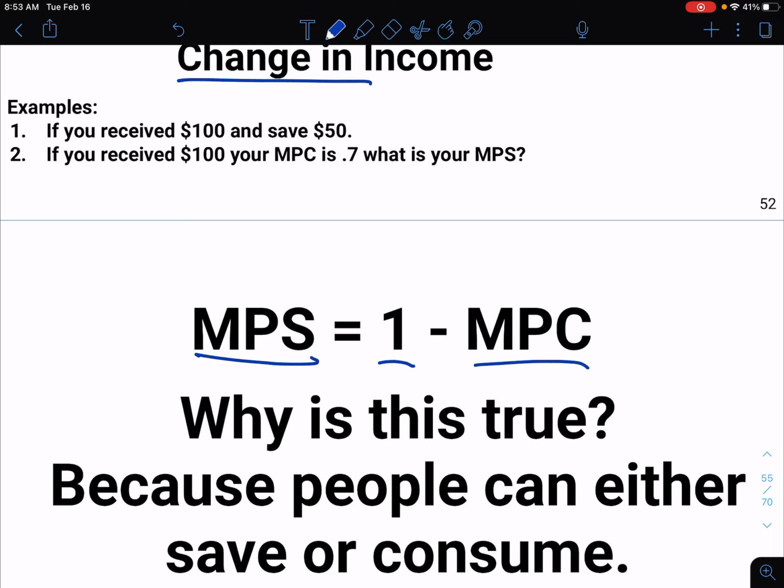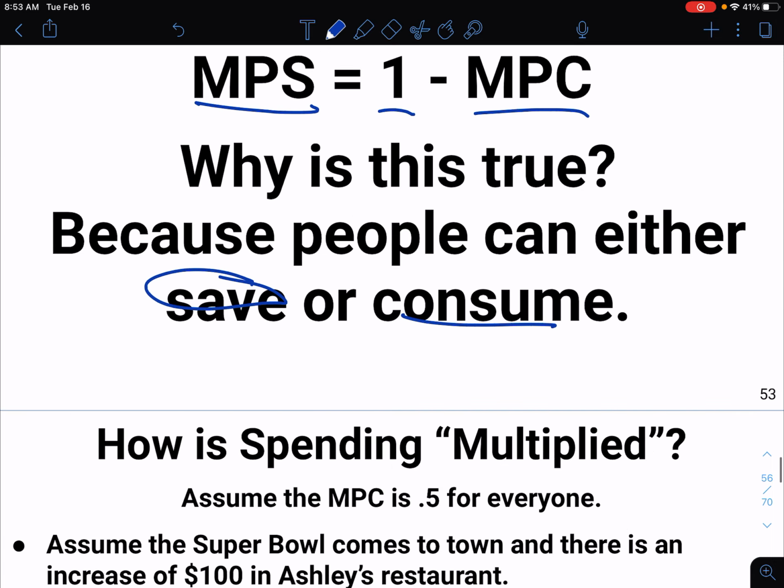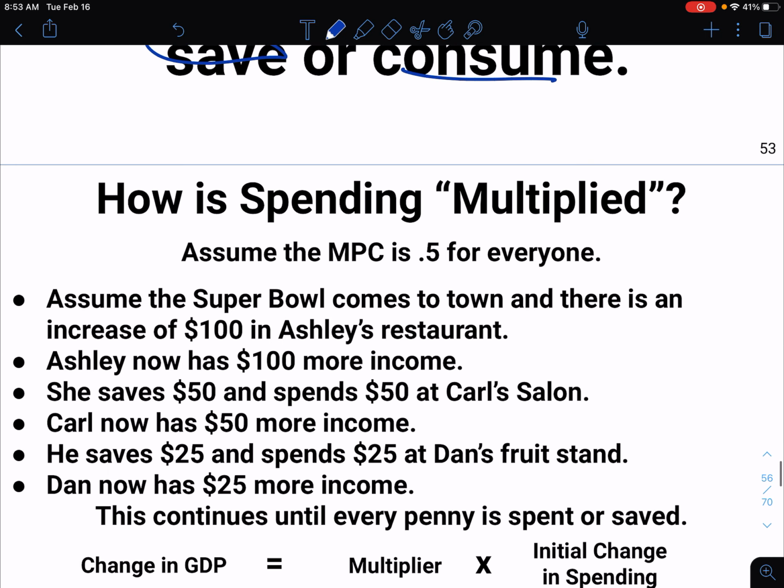Those are really your only two choices. Even investing, like buying stocks and bonds, that is consuming. You're just consuming stocks and bonds rather than food and cars. But for all intents and purposes, it's the same thing. When we talk about saving, we're talking about putting the money into a bank. Okay, that's what we mean when we talk about saving, getting the money into the lending system. And we'll talk about that more later on.